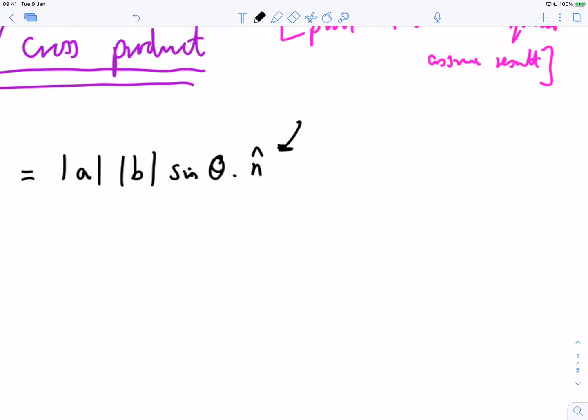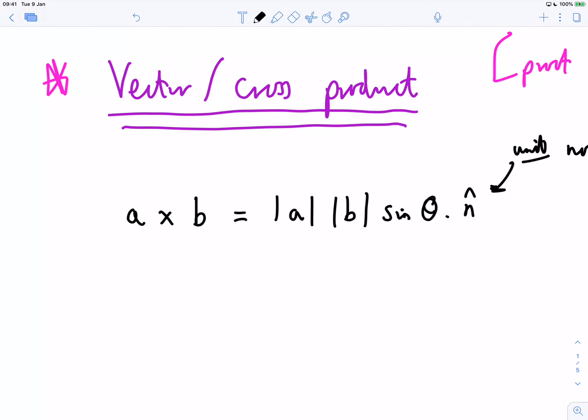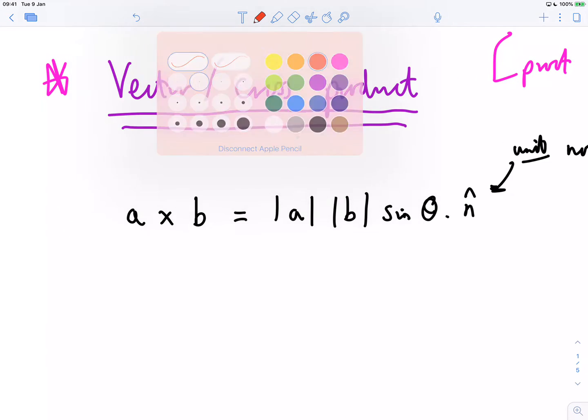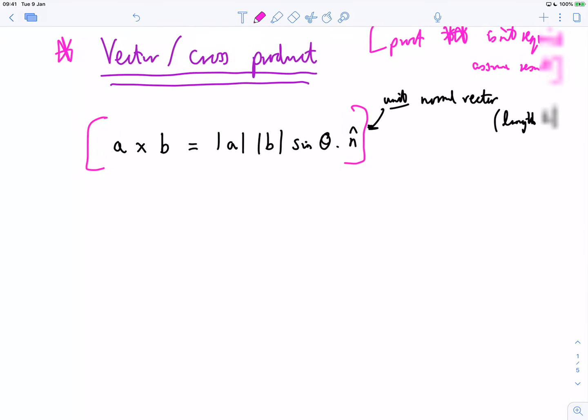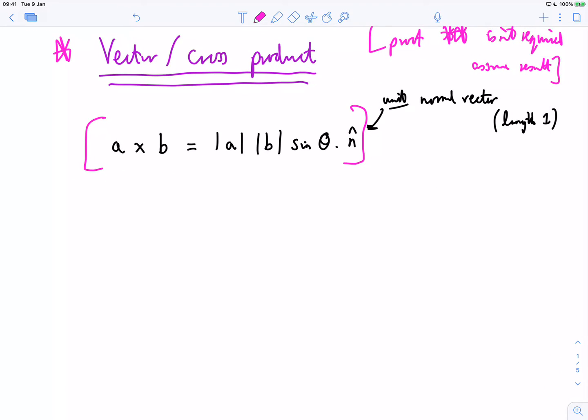It's the unit normal vector, so that's important. It's the normal vector, but only of length 1. So a unit just means length 1. Okay, so this is important. Put a pink thing around this. That's important.